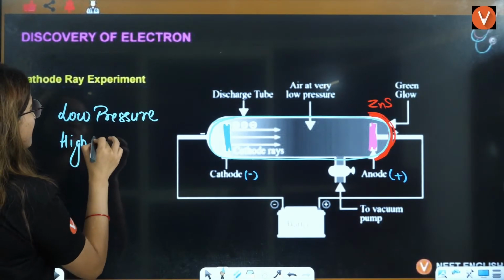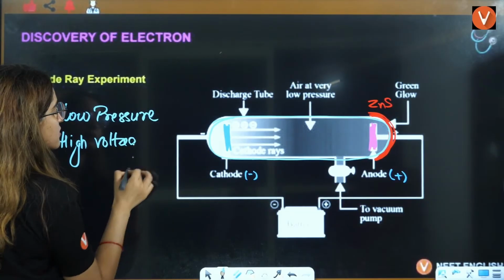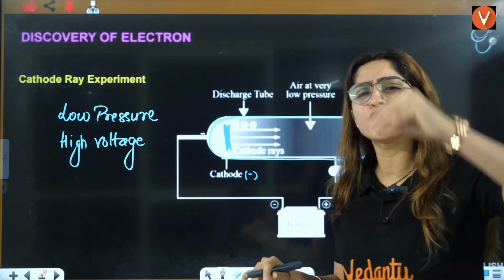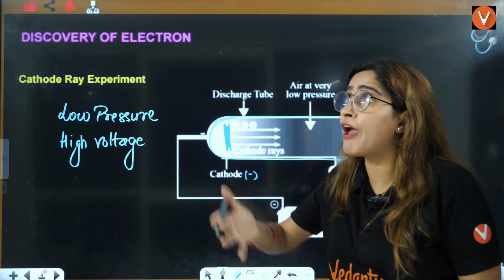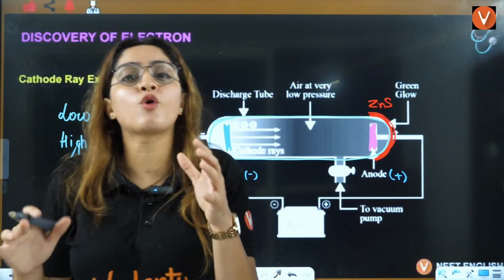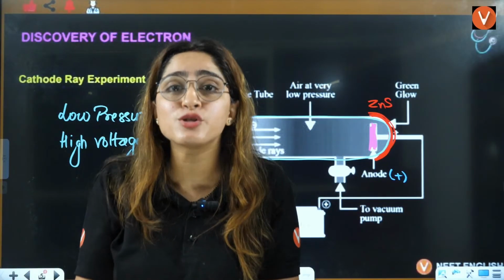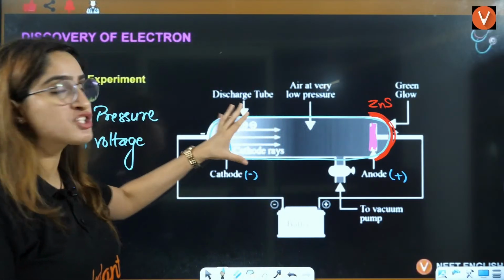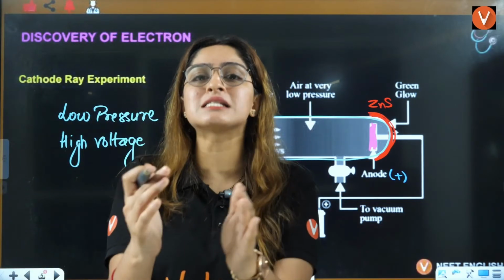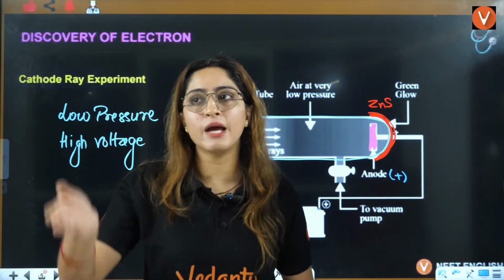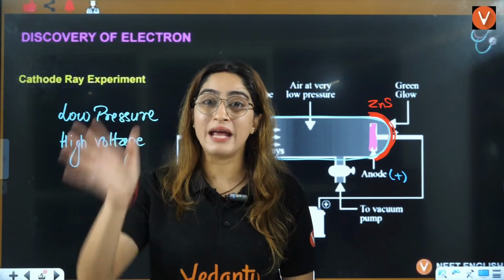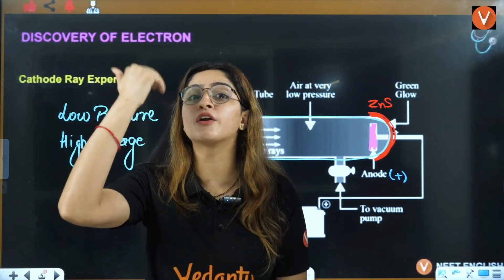Now you'll think, ma'am, why is it so? So this question can also be asked to you. Low pressure is kept so that there is no disturbance in actually understanding. See, if I am analyzing, let's say, millions of students, it will be very difficult for me.